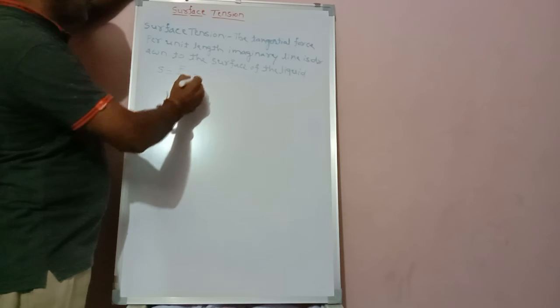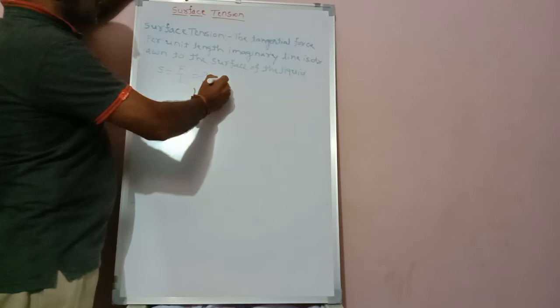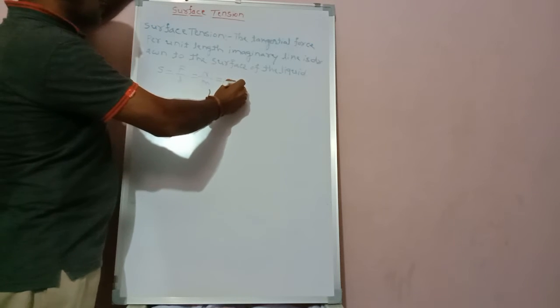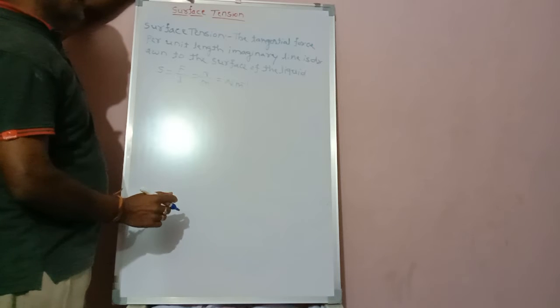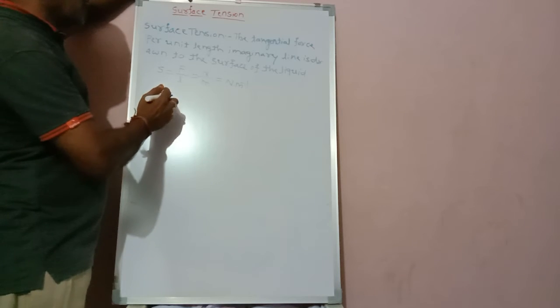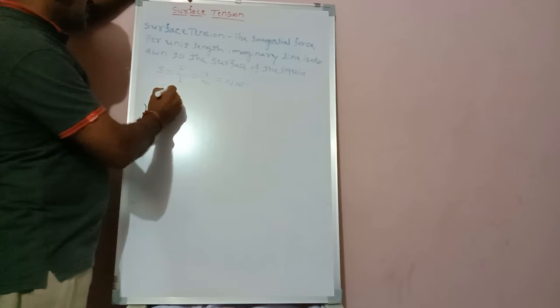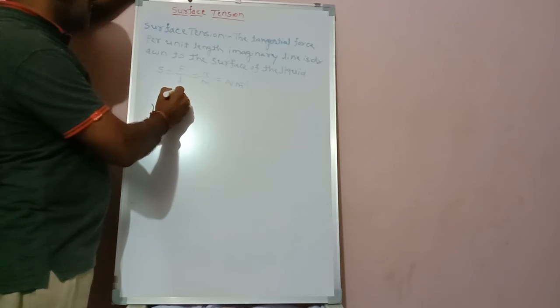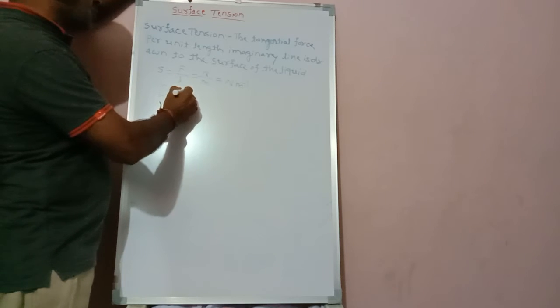Therefore, the force is measured in Newton and length is measured in meter, so the unit of surface tension is Newton per meter. And the dimension of surface tension is M raised to 1 and T raised to minus 2.